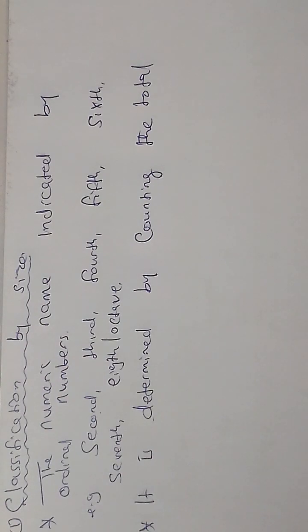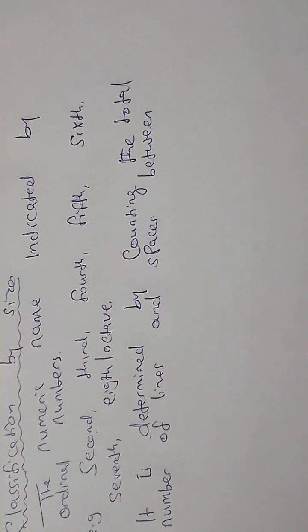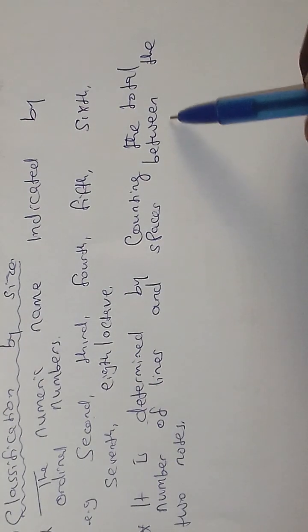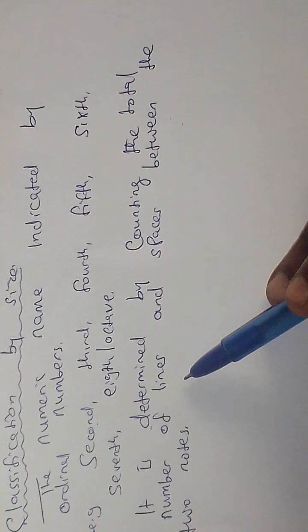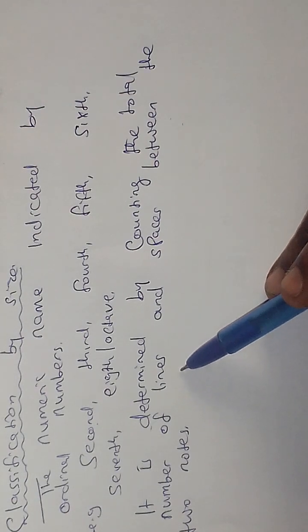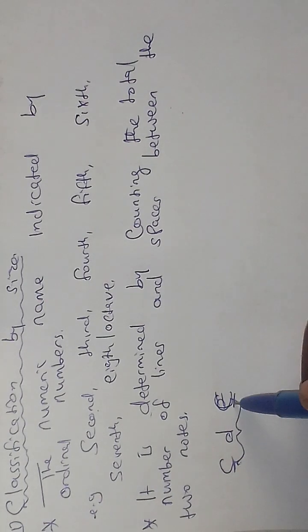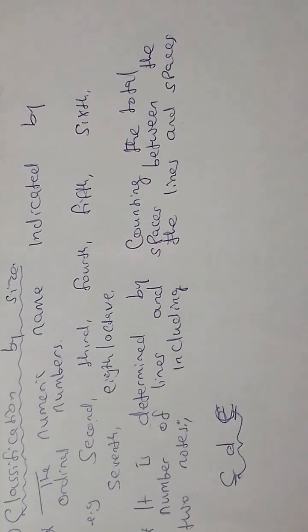And as we include the first note and the last note when counting, we also include the lines and spaces in which the note heads are on. So we include the line and spaces where the notes are lying.